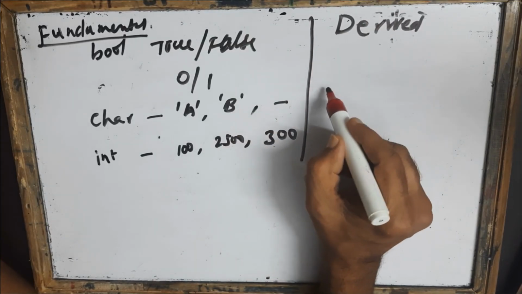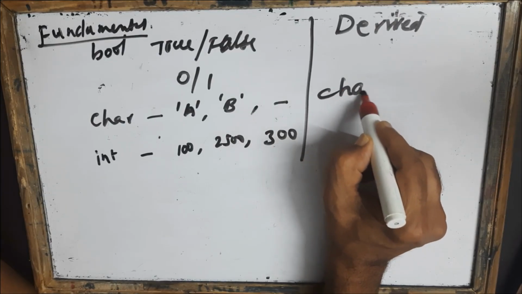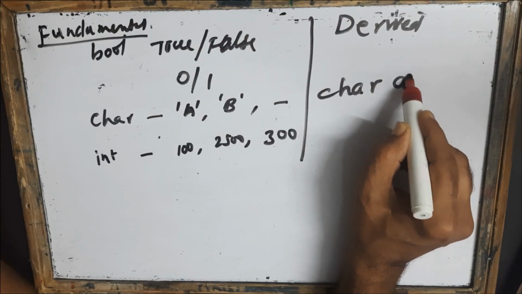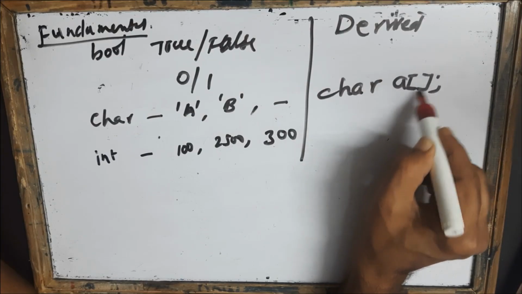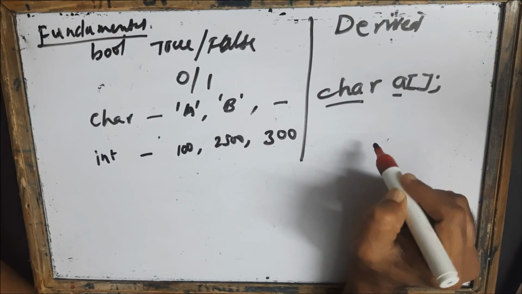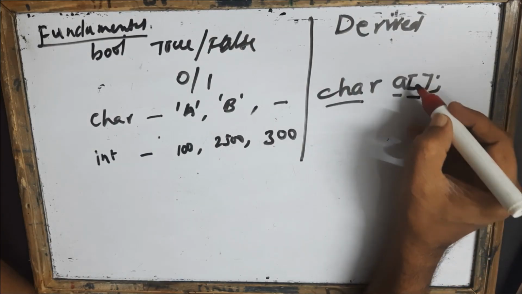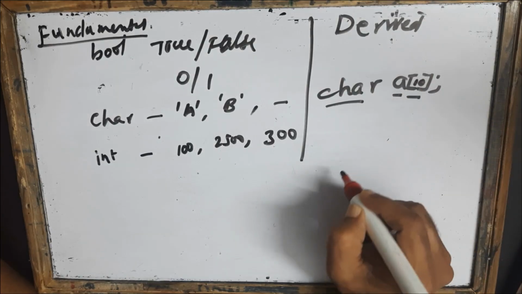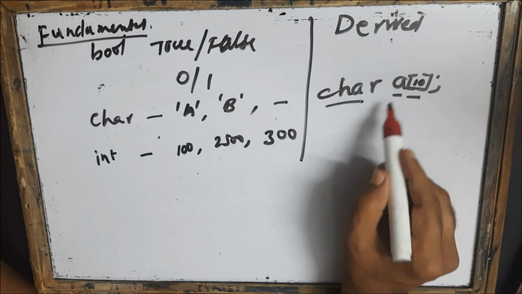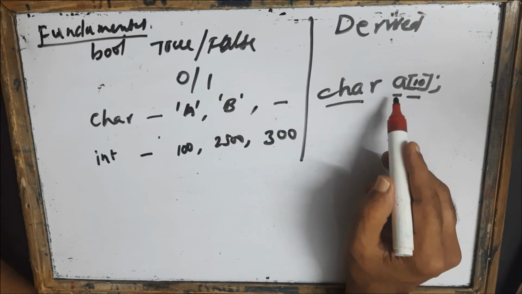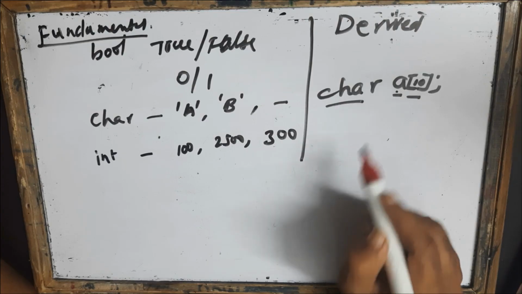So for the character, we have one more called character array. It can be denoted something like this: character array A with some index, say for example 10. Character array of 10 means A is an array, and A can hold 10 characters.